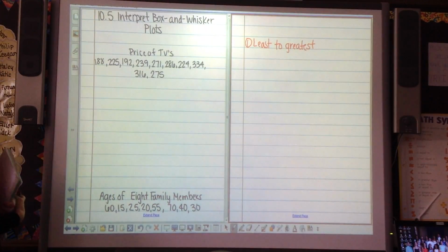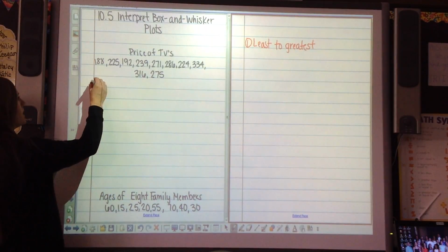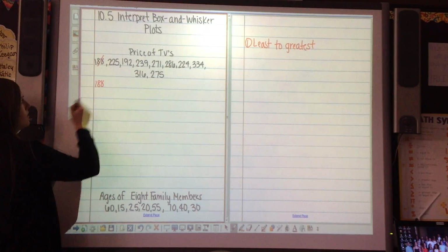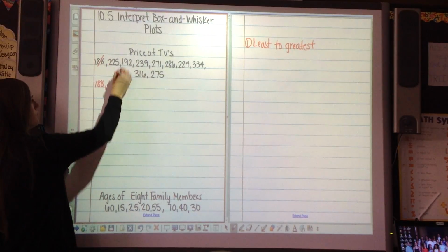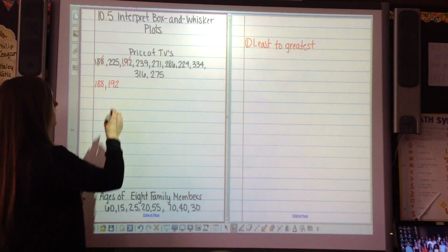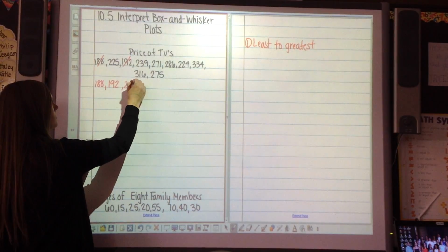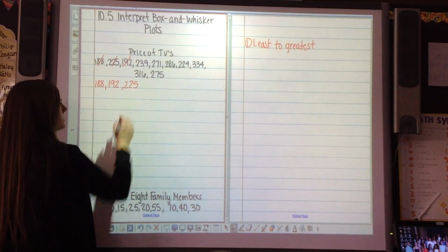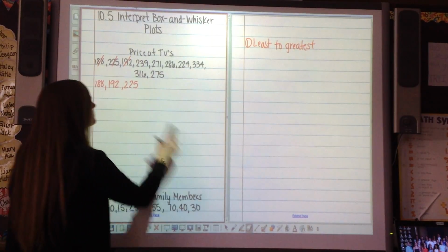Okay, so it looks like our smallest number is 188. We have 192. 225. Oop, I skipped one. 224.